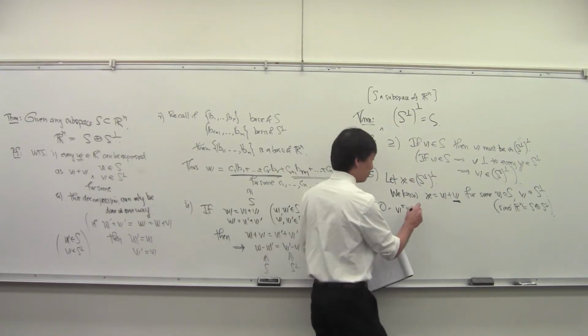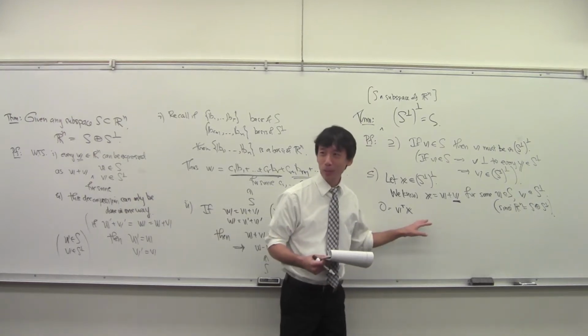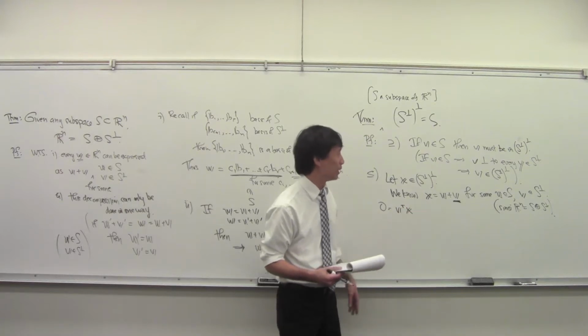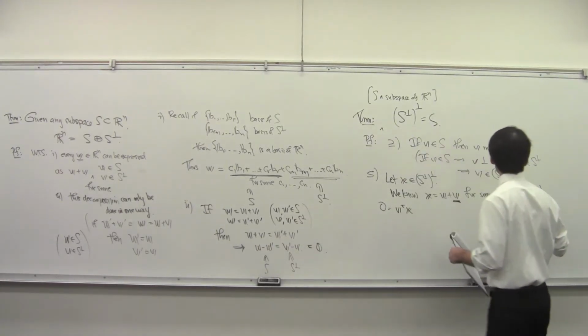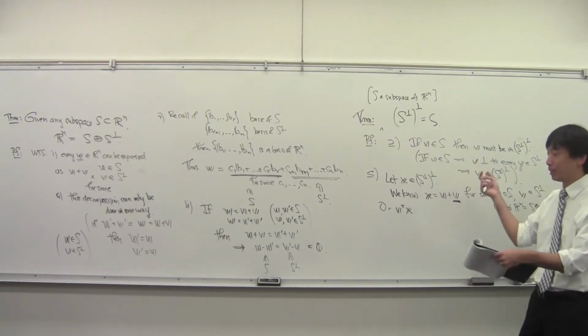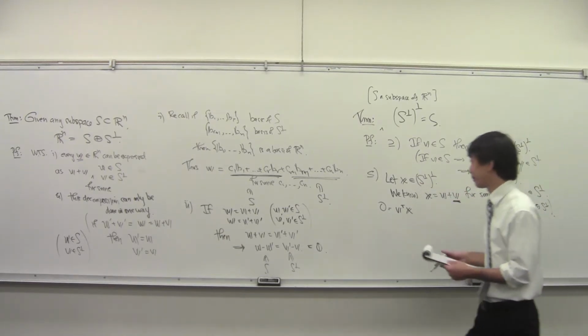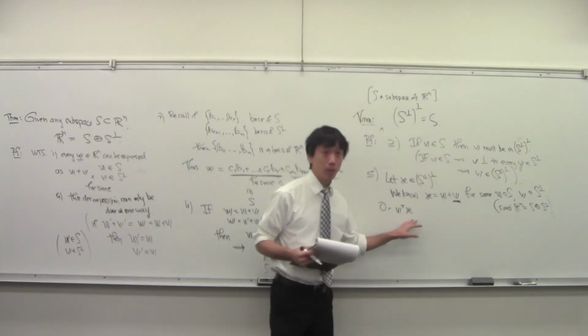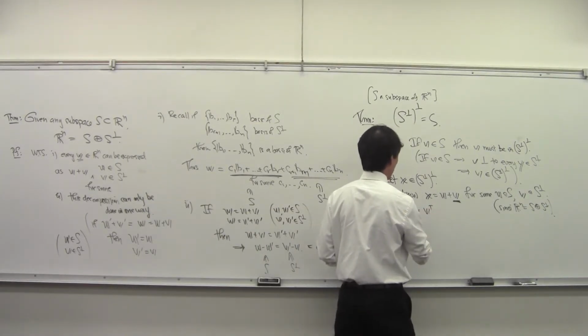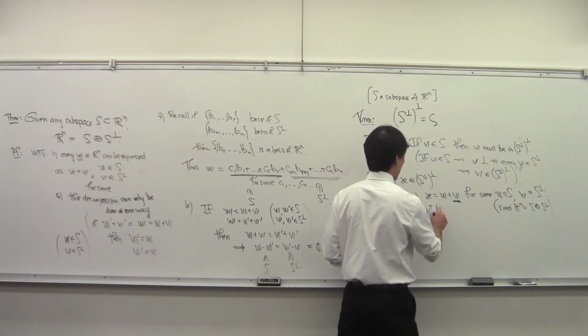Is that okay? Nico, you look a little funny. We're just going to have to go over those. Okay, that's all right. The point is that we have something in a space and we have something in the orthogonal complement to that space, so they're perpendicular to each other. Now I'm going to rewrite this.